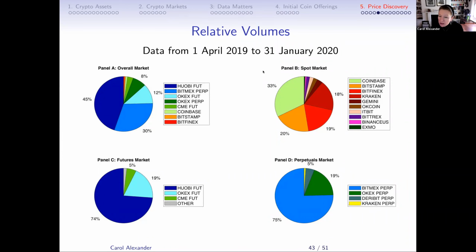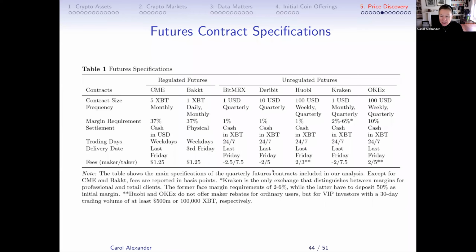In the spot markets, no surprise, it's Coinbase and Bitstamp that take up more than 50% of the trading. These are the most secure and well-known exchanges. But Bitfinex, you know, if you're interested in doing some behind-the-scenes wash trading and getting some fee rebates, then you can do that. And Kraken. Okay, and in the perpetuals, it's all the BitMEX Perpetual at that time, but now it's Binance.